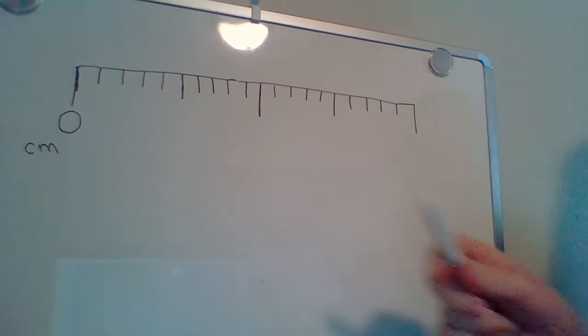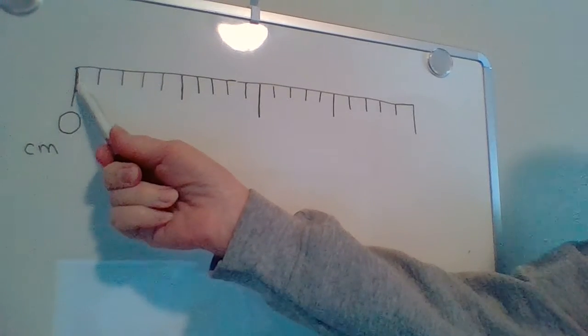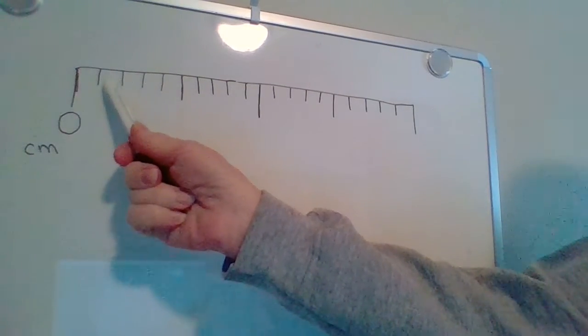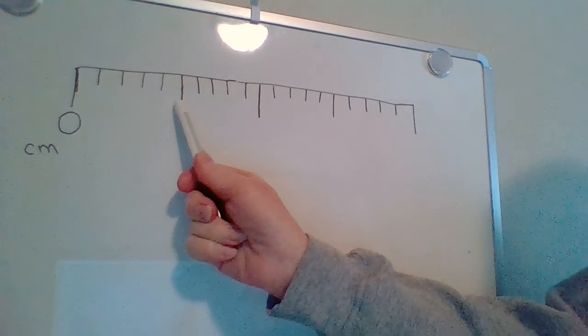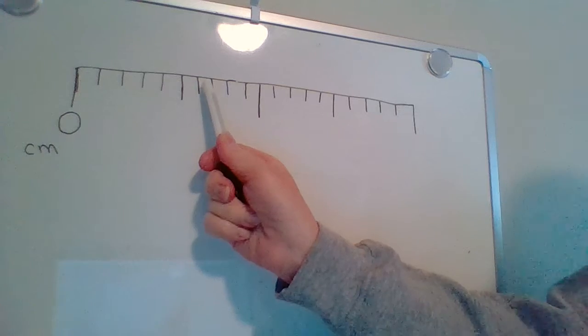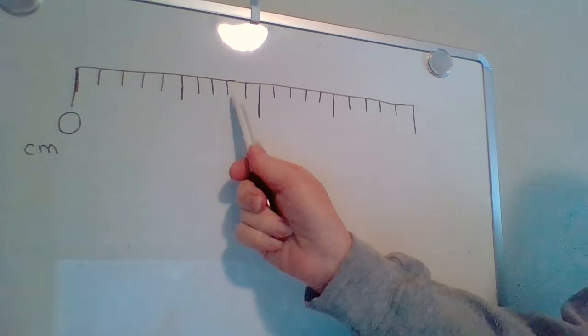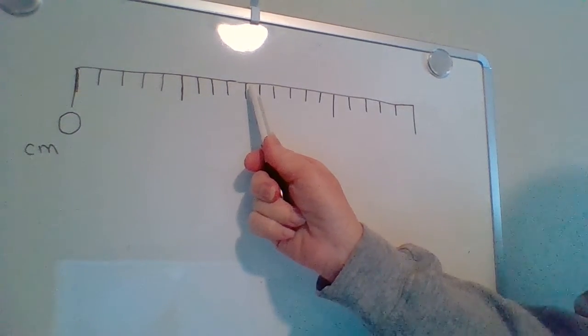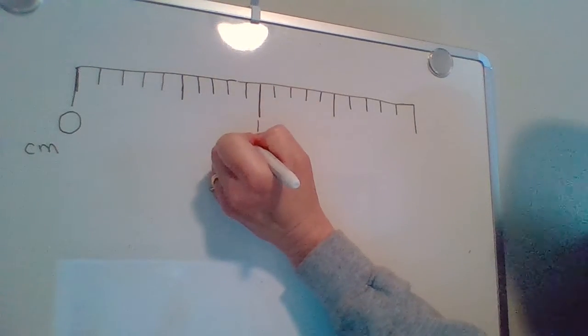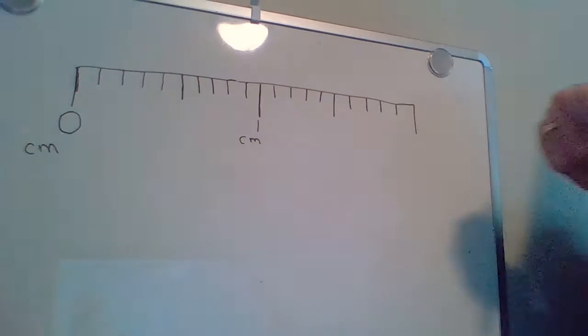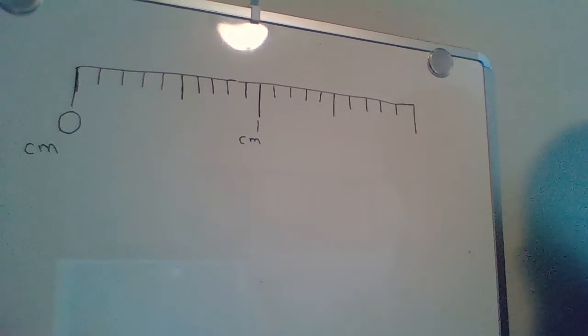So here we have the centimeter side, and if we look at the spaces, okay, there's 1, 2, 3, 4, 5, and this would be halfway in between. This is 1, 2, 3, 4, 5. Okay, these are millimeters. So I'm going to write down, this will be 1 centimeter. And if we want to compare 1 centimeter, we're going to think of, well, how many millimeters did it take for us to get to 1 centimeter?